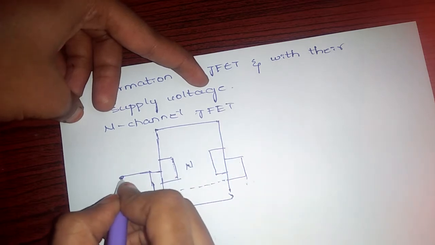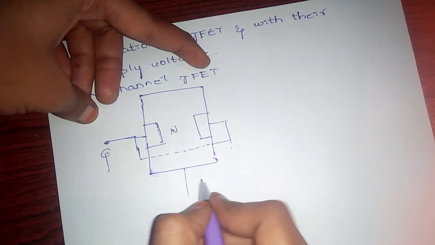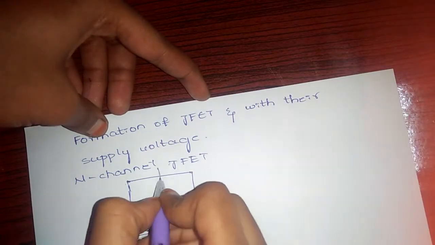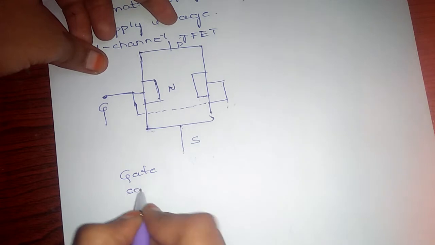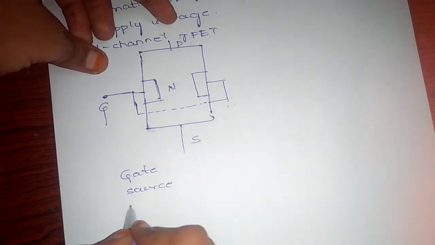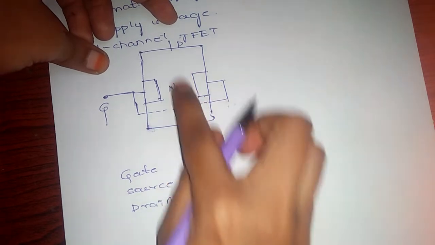That terminal is called the gate. And we have here the source and drain. So three terminals: gate, source and drain, and the channel.